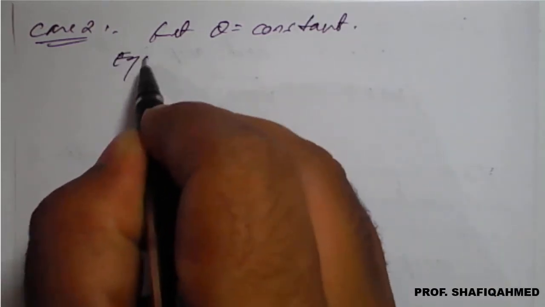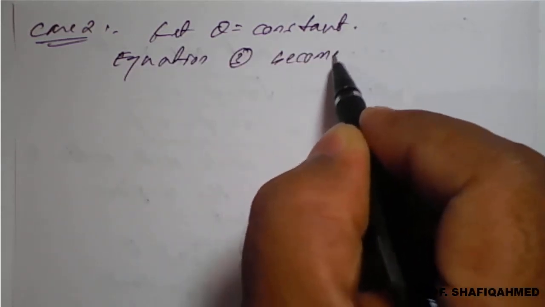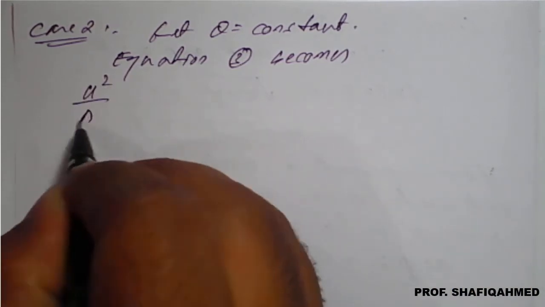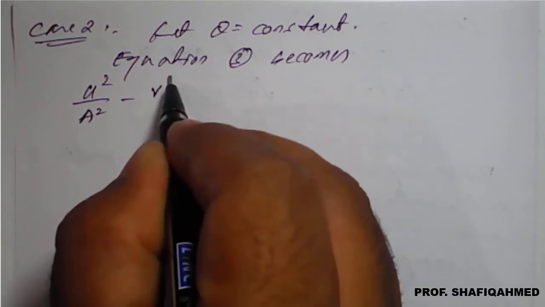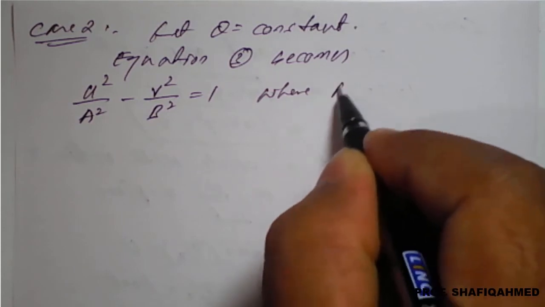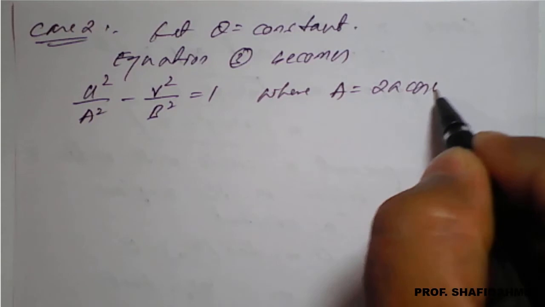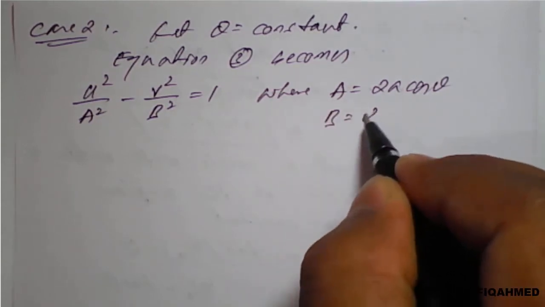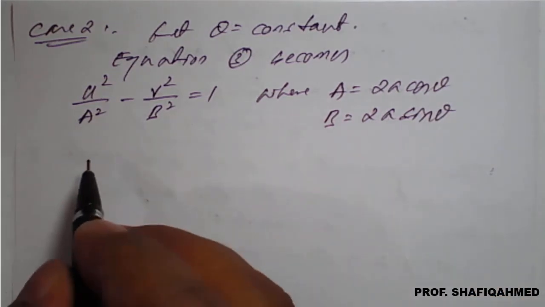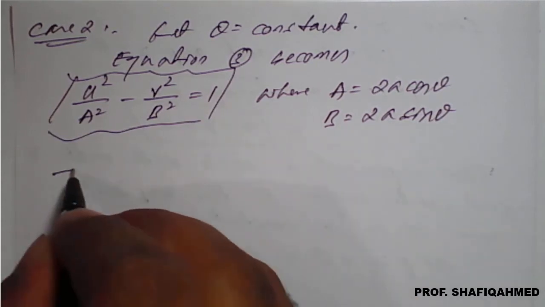So equation 3 becomes u square upon capital A square minus v square divided by capital B square is equal to 1, where capital A is nothing but 2a cos theta and capital B is nothing but 2a sin theta. So on rearrangement, this expression is nothing but a hyperbola.